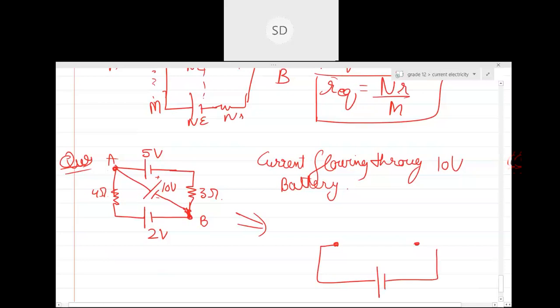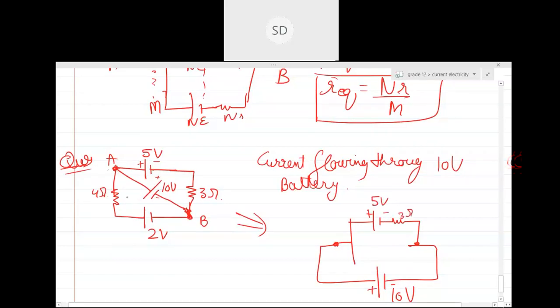Across A and B, I'll give you this 10 volt battery. Can you see over here, between A and B, there is one battery and one resistance, with A being connected to the positive terminal of the 5 volt battery.